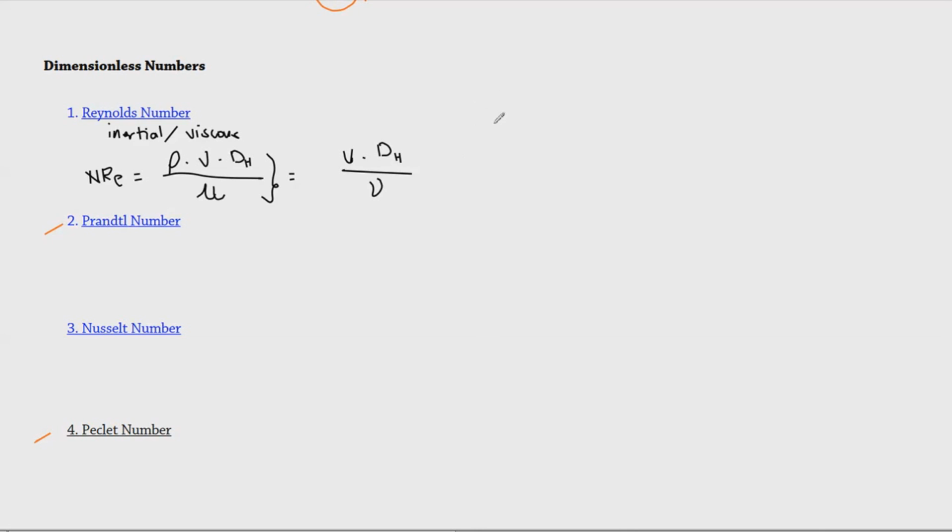So anyway, if we have laminar flow, which you're very familiar with, the Reynolds number should be less than or equal to 2100. Some books would give you something like 2200 or 2300, so you can use any of these.